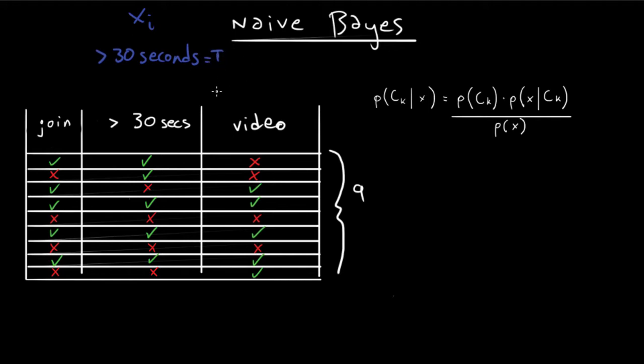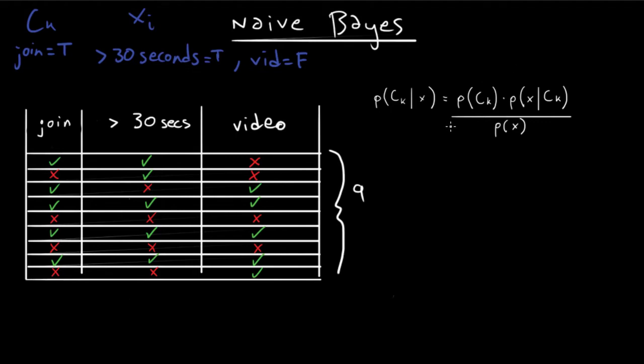We're interested in seeing when they have stayed longer than 30 seconds on the site and when they have, let's say, not watched the video, how likely it is that they will in fact join. So our selected class that we're testing for is join equals true.